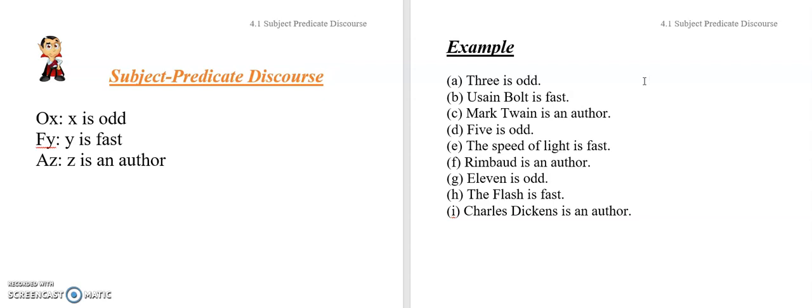I didn't give you individual constants, but the subject here is 3, so we're going to use an individual constant for that, and we're going to say big O, little t, where t stands for the number 3. So that would be our symbolization of this sentence in our new symbolic apparatus. Run through these and see if you can figure those out. Hopefully it doesn't take you too long. Pause now.